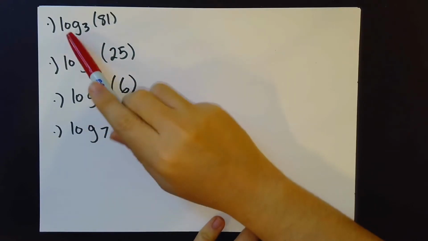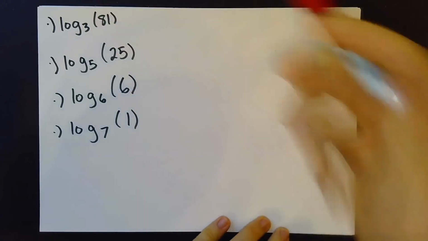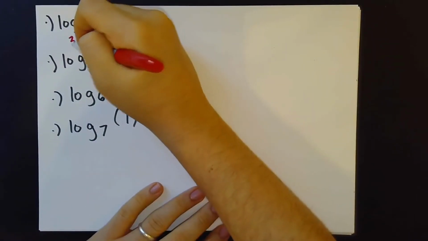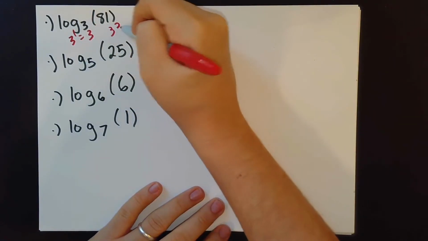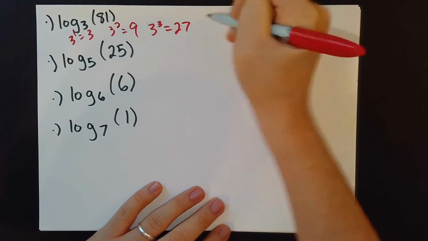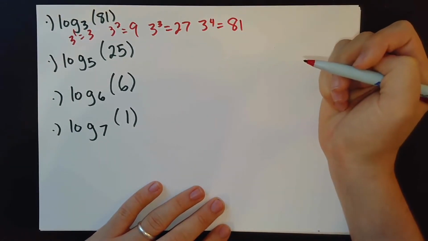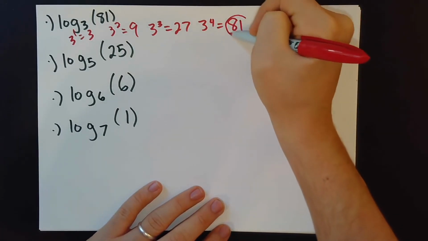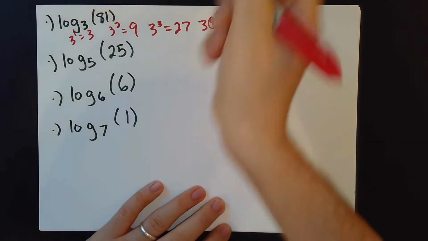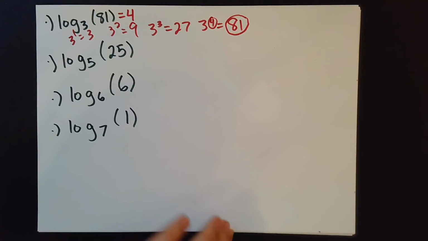So this, the log base 3 of 81, that's asking what power of 3 is 81. And so if you don't know your powers of 3, 3 to the first is 3, 3 squared is 9, 3 cubed is 27, and 3 to the fourth, that's 81. And so it is the fourth power of 3 that is 81, and so we're going to say 4.